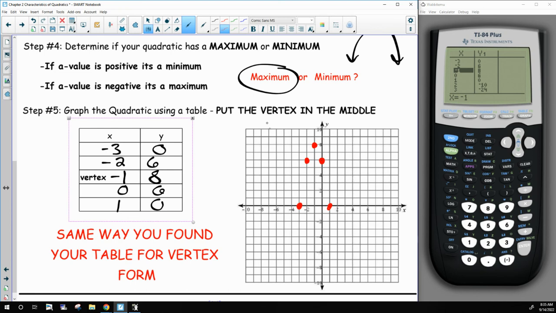Last but not least, we connect our dots, and we will have our full quadratic. We draw that dotted line down through the vertex. That is that axis of symmetry that goes through -1, just like we thought. And that is how we do one that is in standard form.